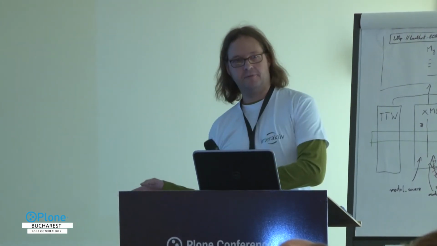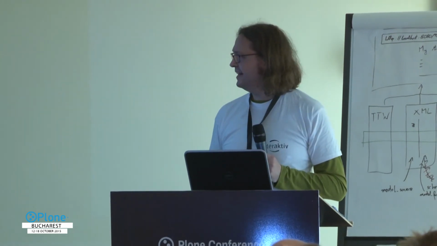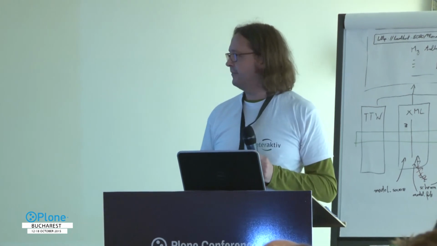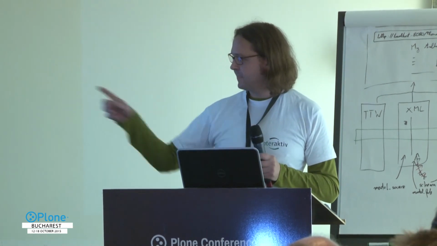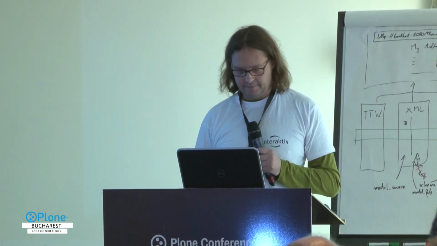We could change it afterwards, after the migration. We ourselves haven't needed it yet, but it's possible. It's a thing you have to think about. I think normally resolve UID links are the default, and this is one thing that should be done.